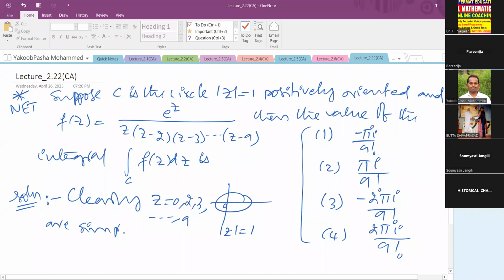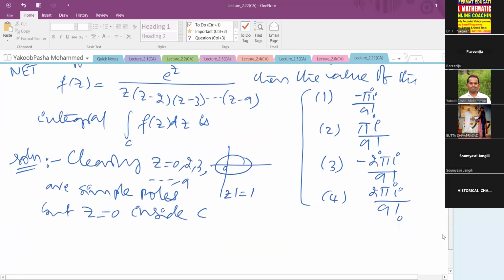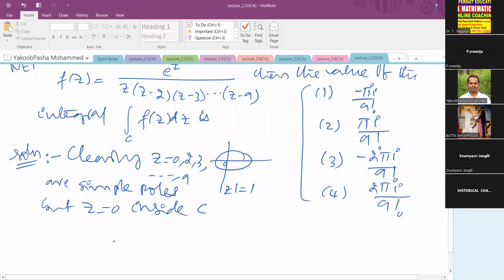They're all simple poles. But z = 0 is inside the circle C. So we have to calculate the residue at z = 0 only.